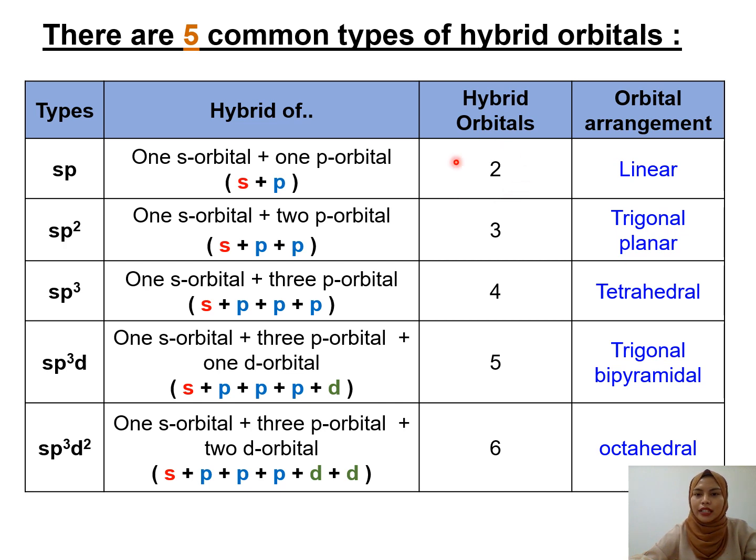If the electron pairs are 4, the hybridization is sp3. If the electron pairs at the central atom are 5, the hybridization should be sp3d. And if the electron pairs at the central atom are 6, the hybridization will be sp3d2. So this you have to memorise, okay?